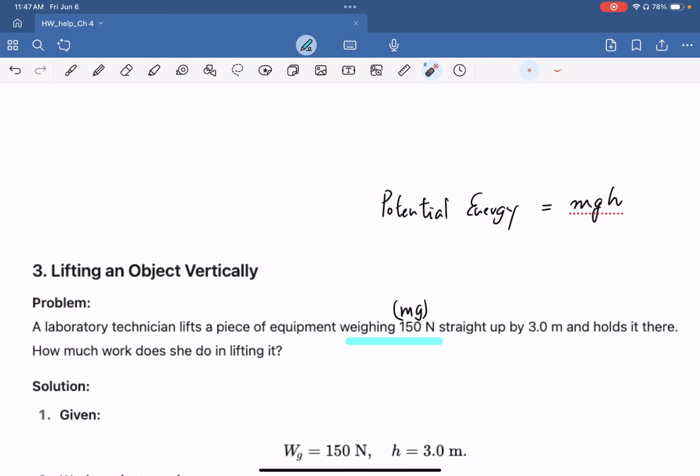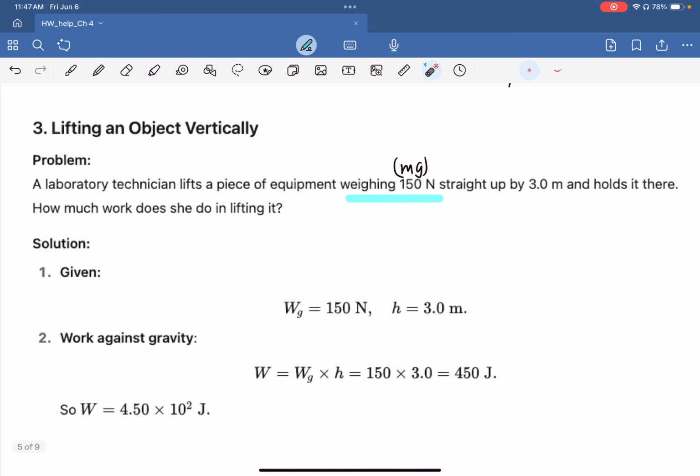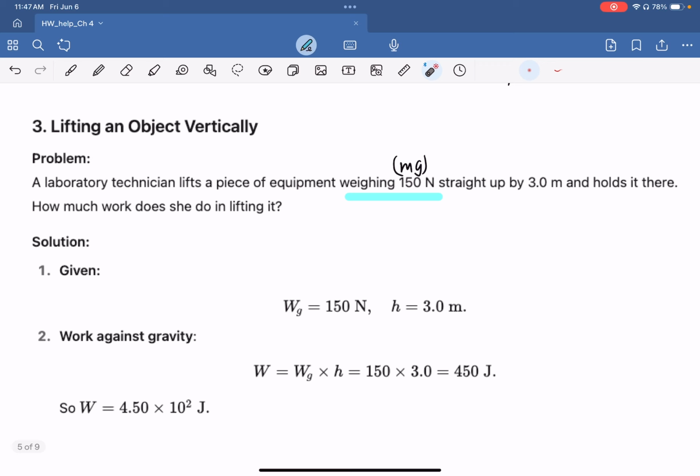To calculate the work, all we need to do is mgh. mg is 150 and h is 3.0. Just multiply them and you get the answer. What's written here is the weight, which is mg. Hope that makes sense.